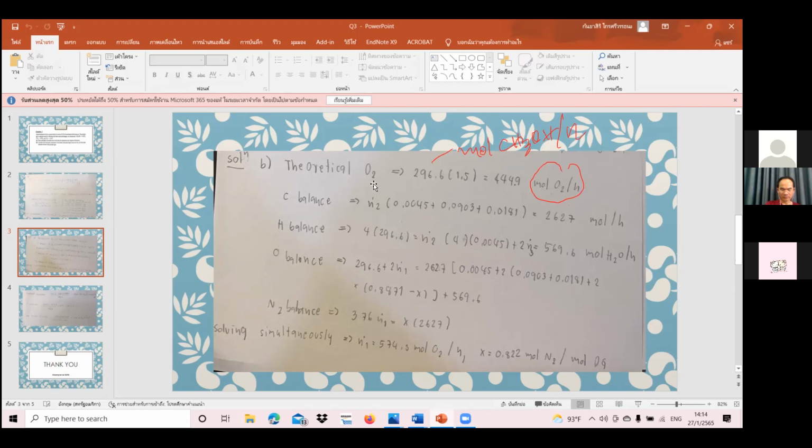Theoretical oxygen. Why do you check the unit? You calculate the mole of oxygen, but you multiply by mole methanol. Why do you get the mole of oxygen? I think the number is correct, but I would like you to explain why.